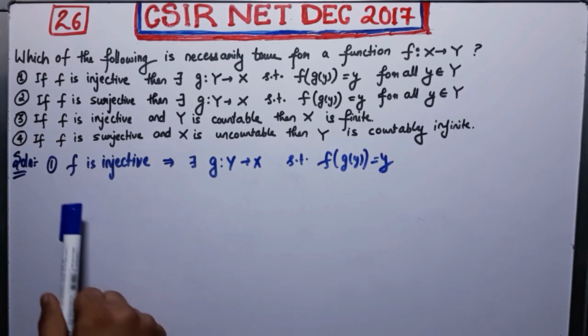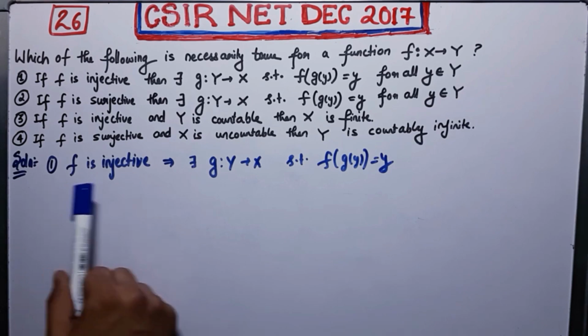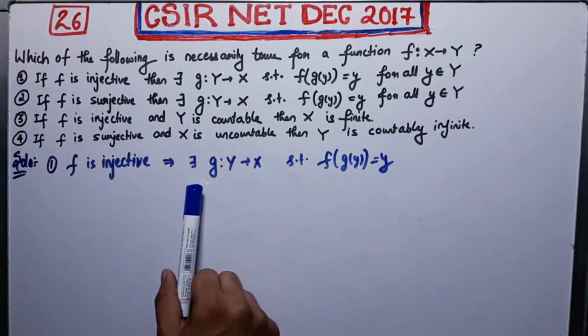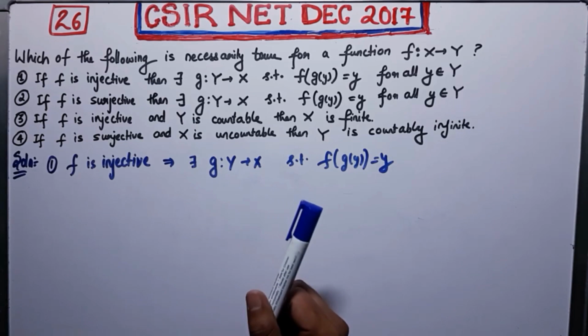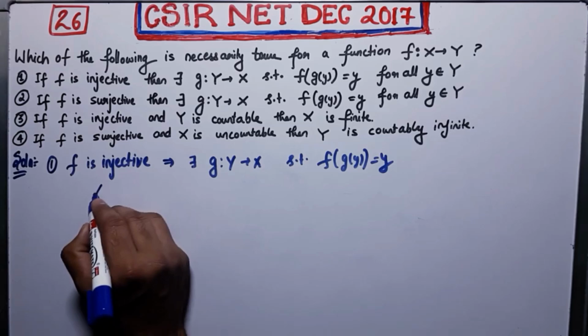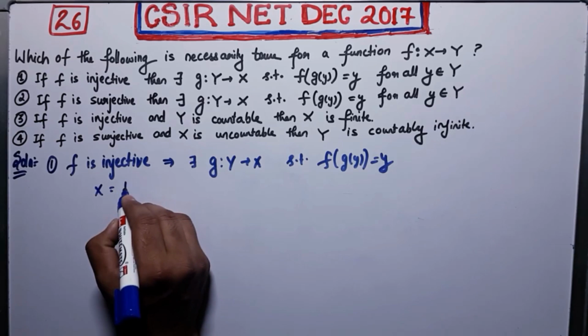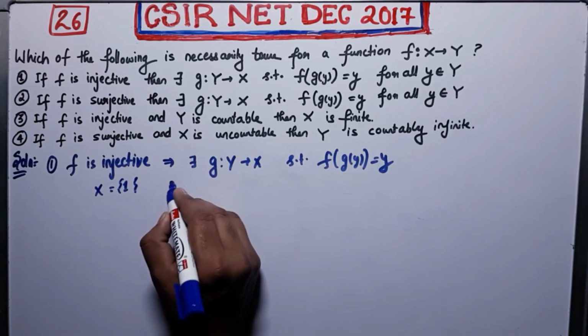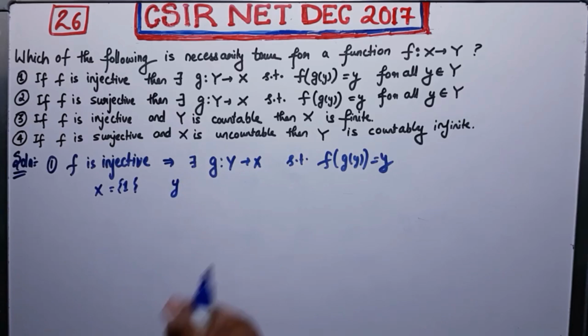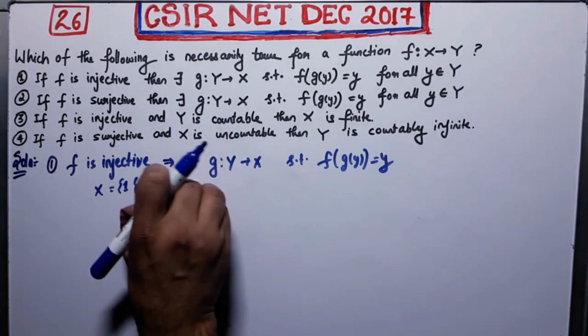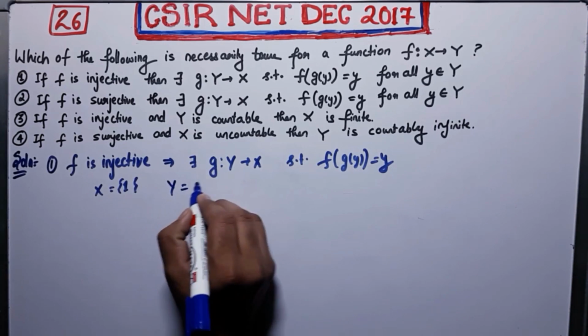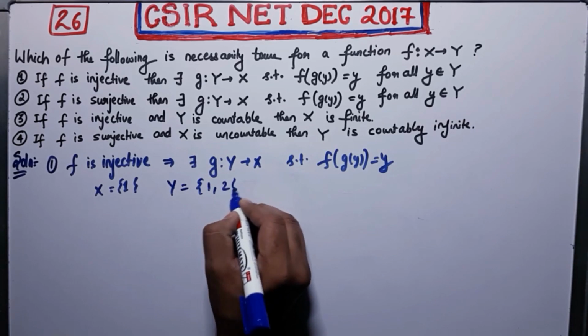Now, by only this injectivity condition they are saying that you get a guarantee of such functions. So I will take X to be just a singleton set, and Y, the capital Y, I will choose to be {1, 2}.